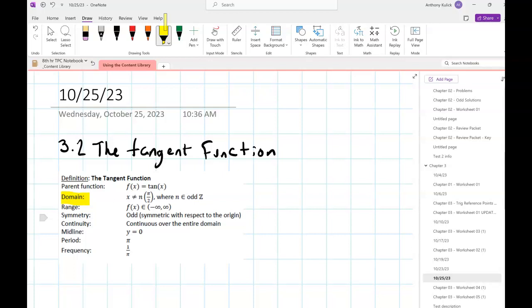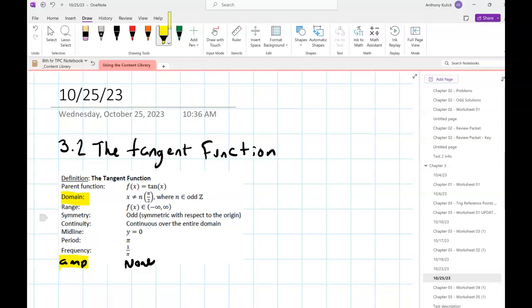As a result, notice what word is missing from this list? Amplitude, because a tangent function has no amplitude, specifically because it doesn't have a maximum or minimum. The distance from a maximum or minimum to the midline is infinite. That's not an amplitude.